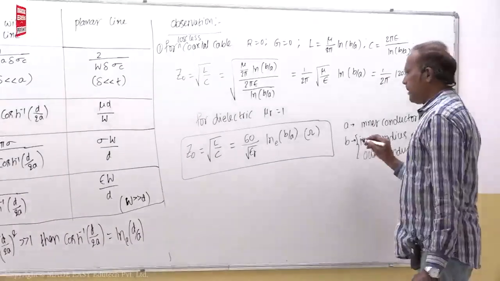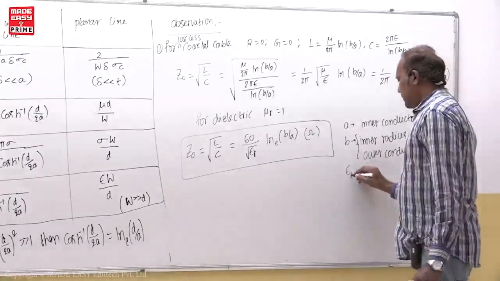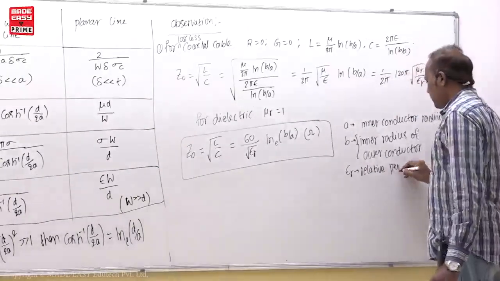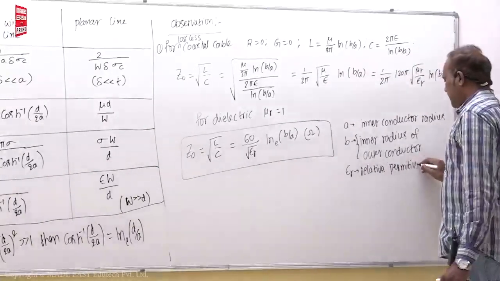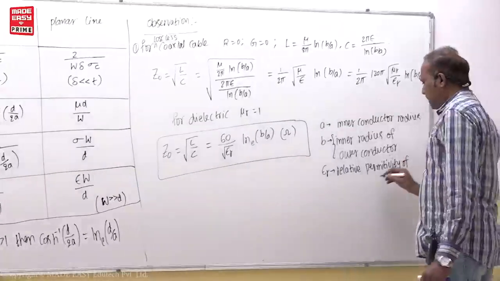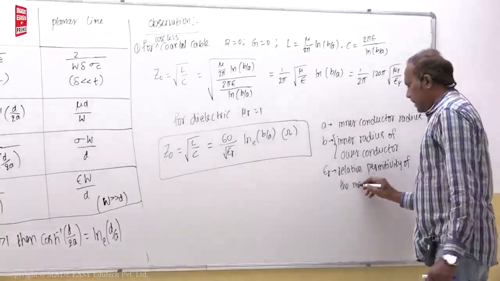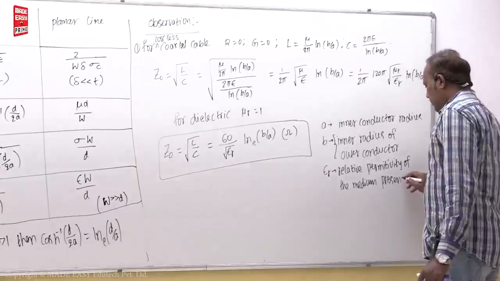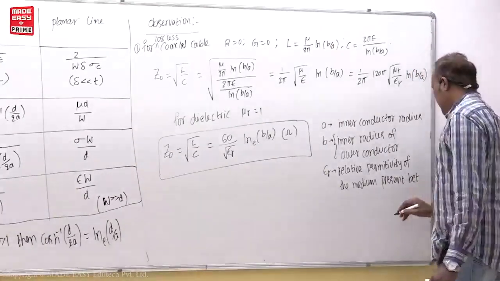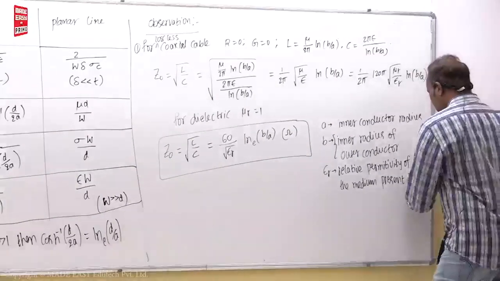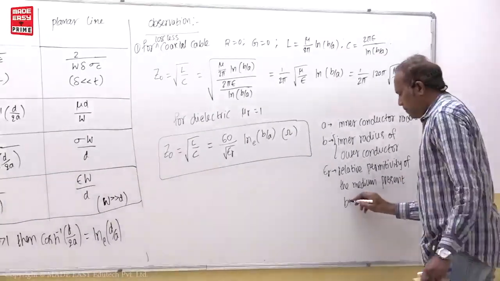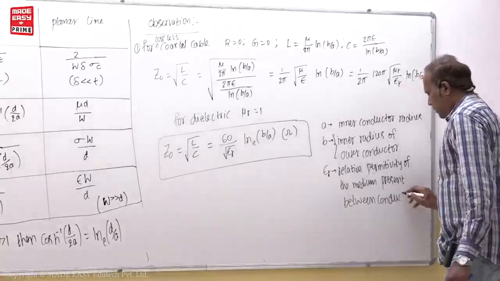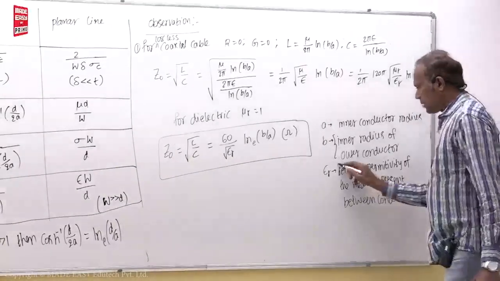Epsilon r is the relative permittivity of the medium present between the conductors.